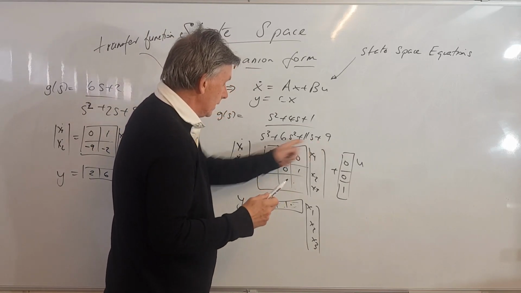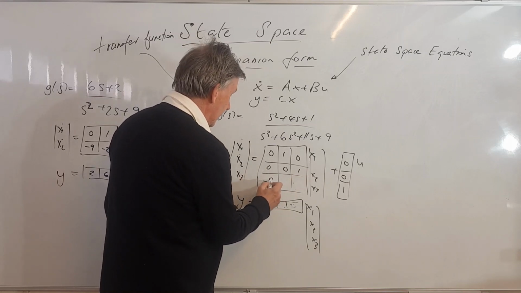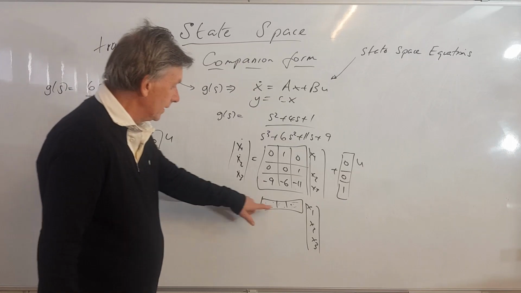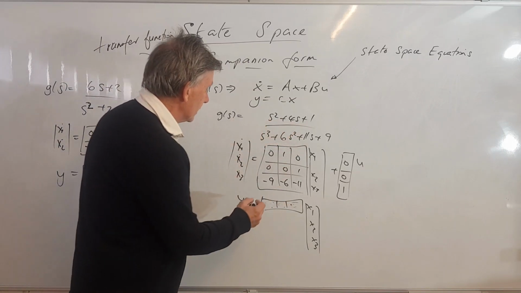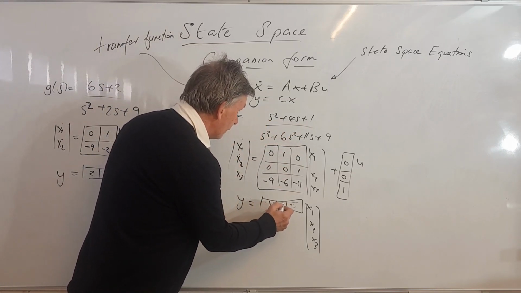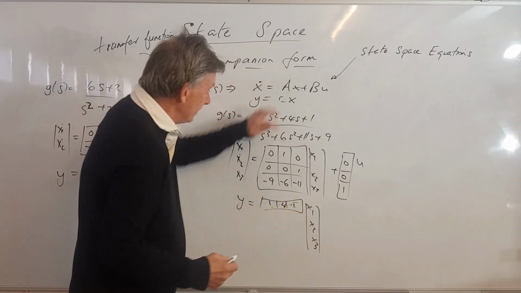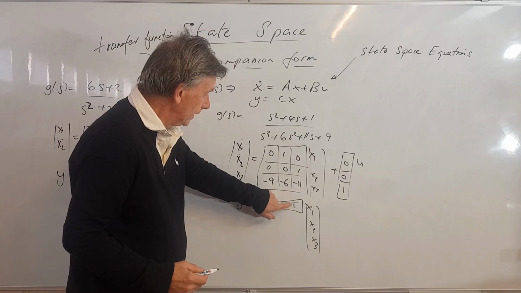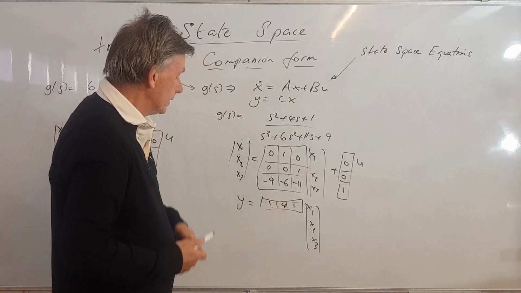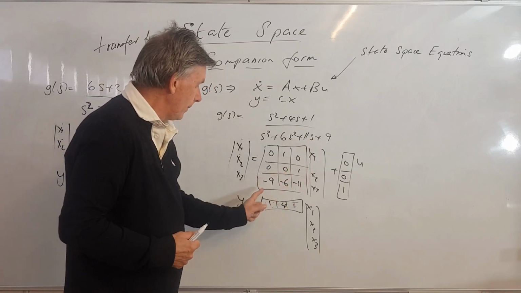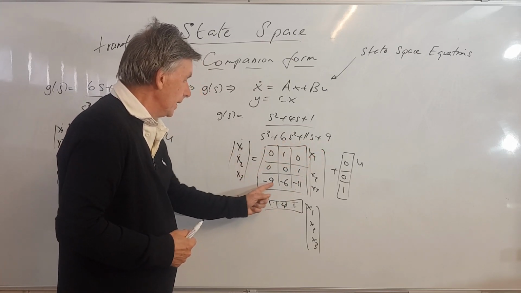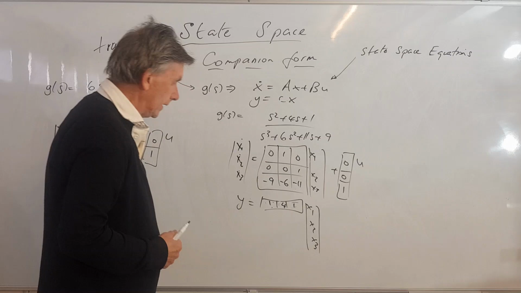These numbers here go in the bottom row in reverse order with negative signs: minus 9, minus 6, minus 11. And the numerator numbers go in reverse order as well, so it's 1, 4, 1. That 1 goes in there, that 4 goes in there, that 1 goes in there.